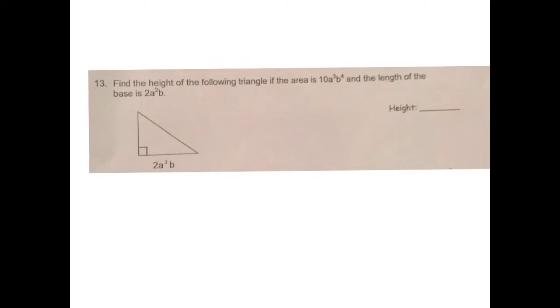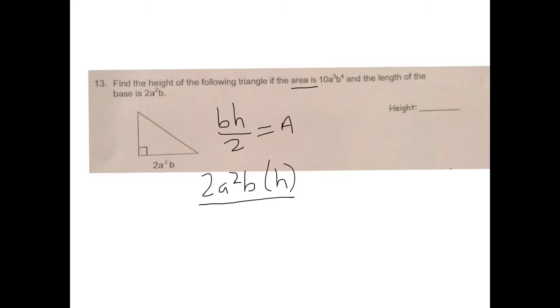So we have some real world problems. This is find the height of the following triangle if the area, so area for a triangle is base times height divided by 2. So we take this problem, we know the base is 2a^2b times the height we don't know, divided by 2 equals that big number over there, 10a^3b^4.